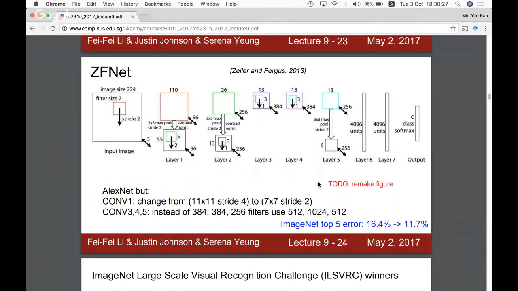So you're saying that the main change was in the hyperparameters, the 11 by 11 stride 4 was changed to 7 by 7 stride 2, right? Okay. So did this bring down the error? You mean this improvement? Yes. So why?